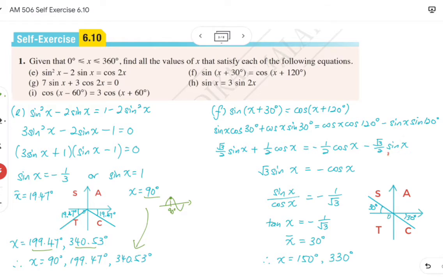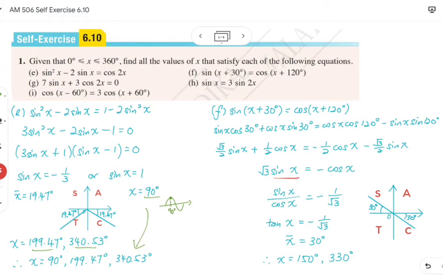And then gather all the sine x on the left and all the cosine x on the right. So we have root 3 over 2 sine x plus root 3 over 2 sine x, so we'll get root 3 sine x equals negative 1 over 2 cosine x minus 1 over 2 cosine x. We'll get negative cosine x.